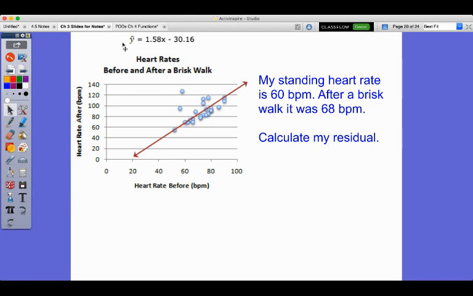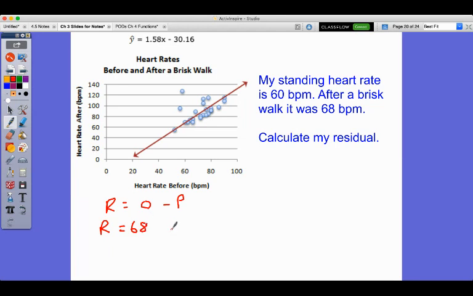And we'll calculate what it's predicted to be after a long walk, okay? So I need to get a residual. We need observed minus predicted. I already know the observed value. The observed is 68. That is what was observed after the brisk walk.